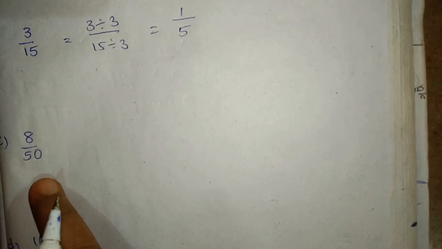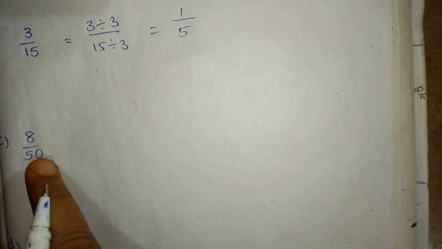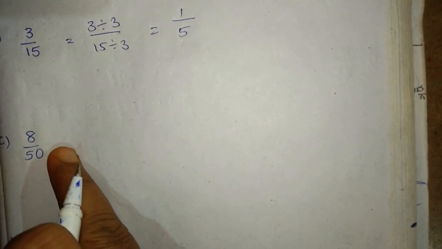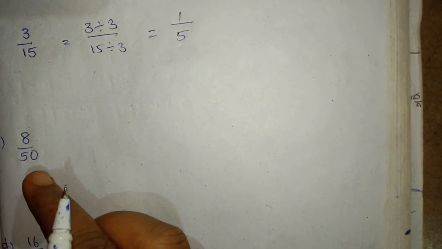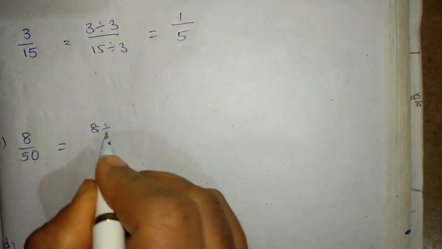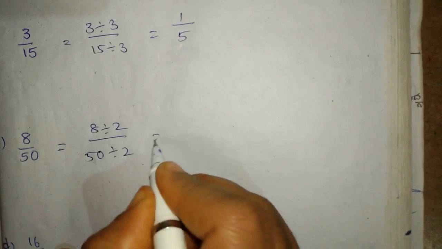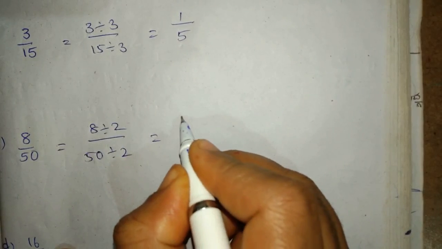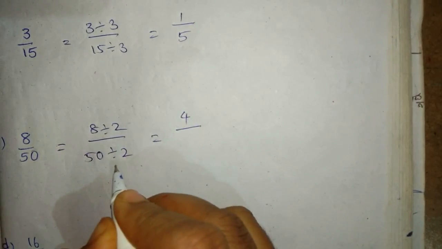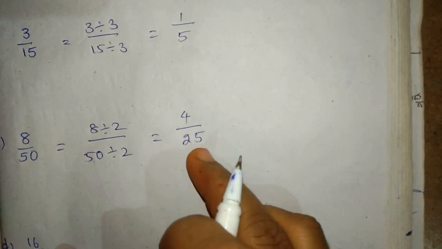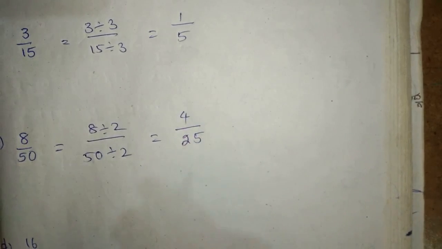Now 8 by 50. If you write it in simplest form, we divide both numerator and denominator by 2. That is 8 divided by 2 and 50 divided by 2. 8 divided by 2 is 4, 50 divided by 2 is 25. We get 4 by 25.